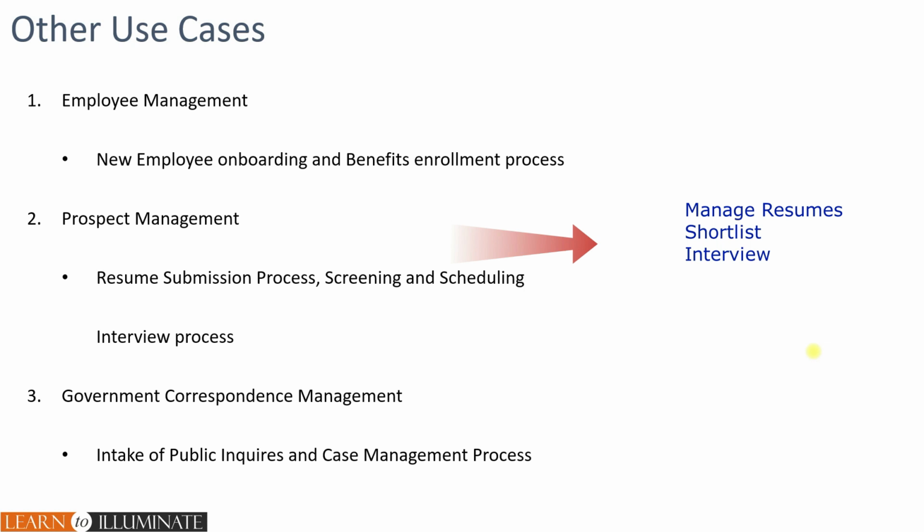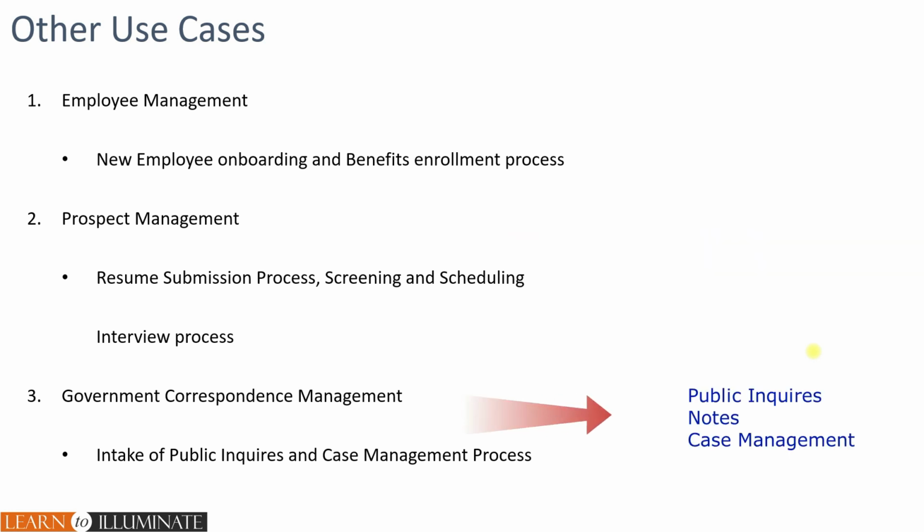Once they finalize it, they send those candidate details to the company who requested. Now in this second use case, there is no sales process here. We can use the sales model for another process or another relationship.